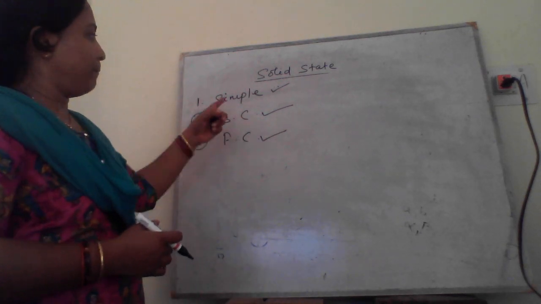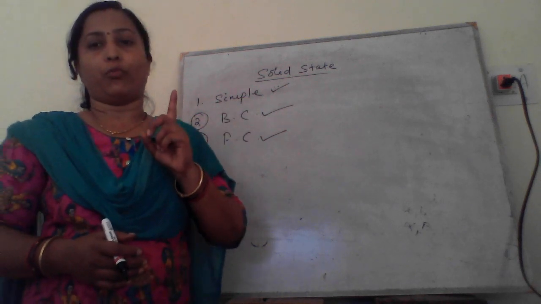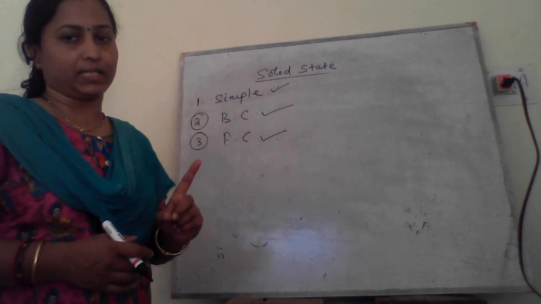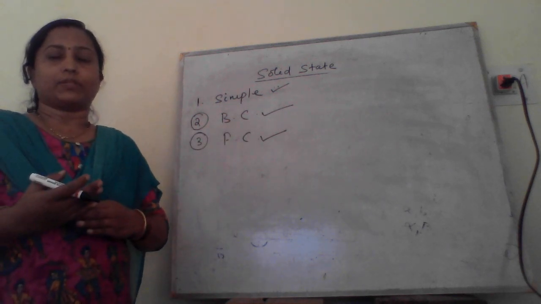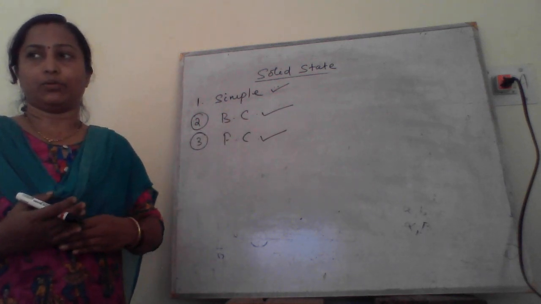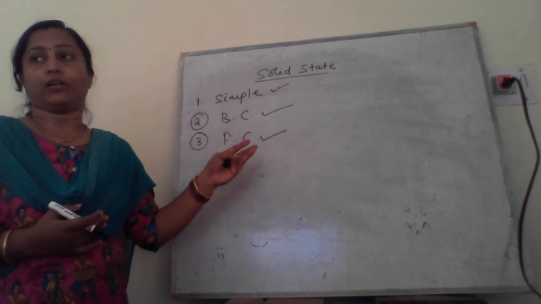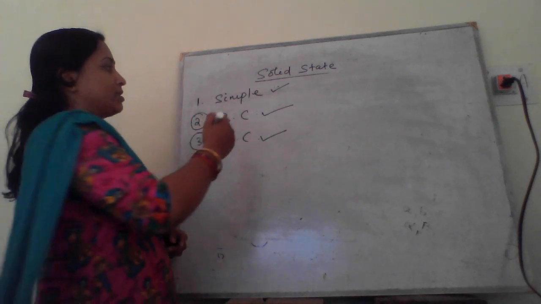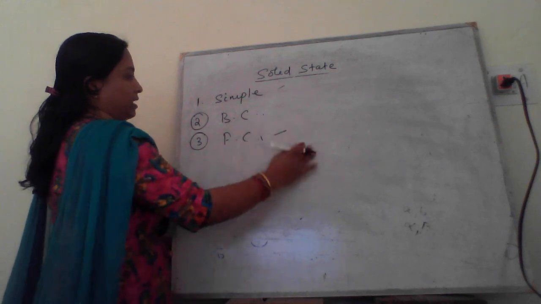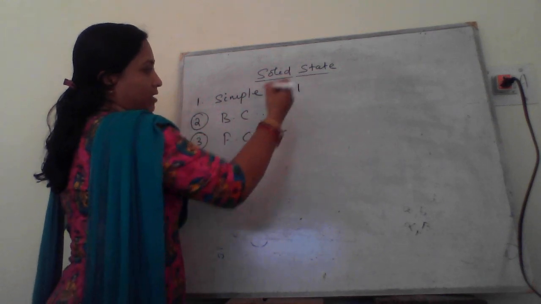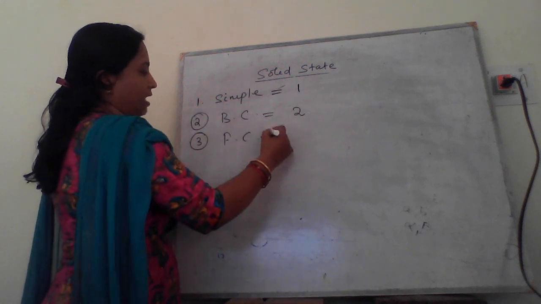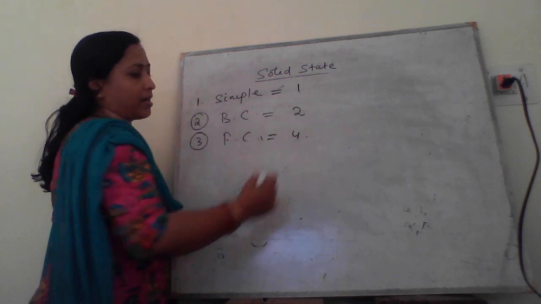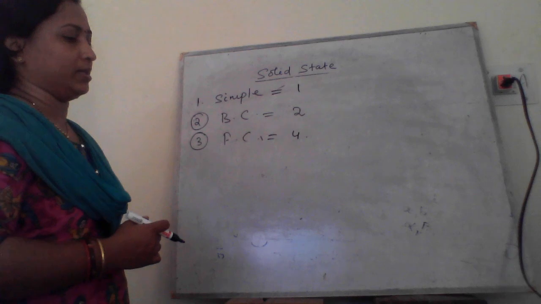Then in simple unit cell there is only 1 atom present in each unit cell, in body centered there are 2 atoms present in each unit cell, and in face centered there are 4 atoms present in each unit cell.